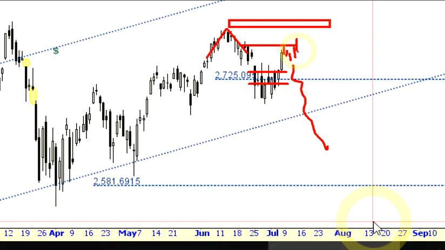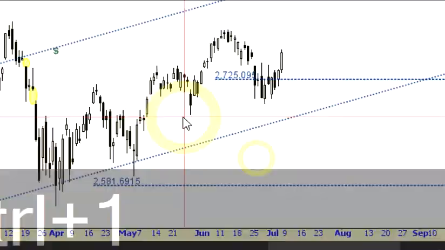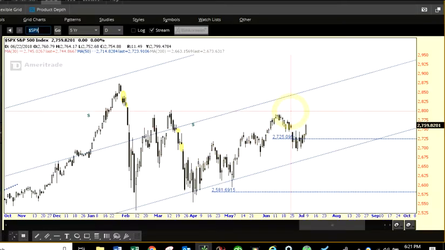So the important areas are between here and here for next week. We'll see how that plays out. So 2,800 on the upside, which would be about 40 points higher from where we are, and then about 25 points lower is critical on the downside.